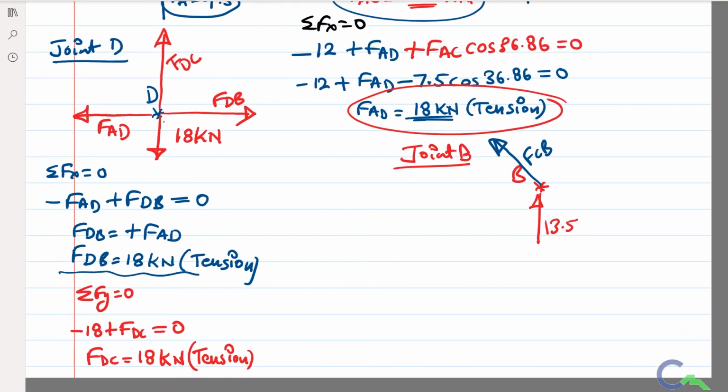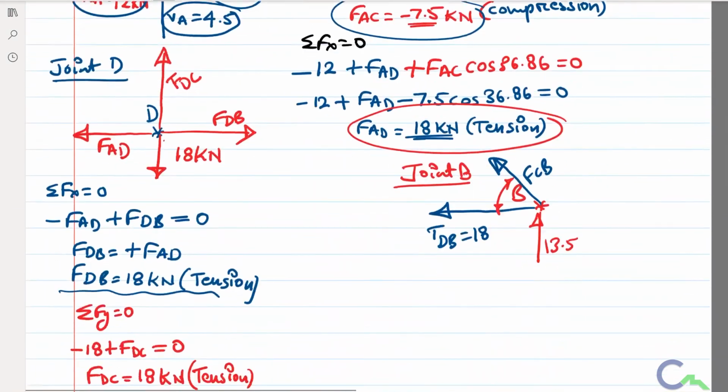I got it as tension, so moving away from the point, that is FDB. We got 18 kilonewton, I will take it as it is. Then this angle, again it is 36.86.